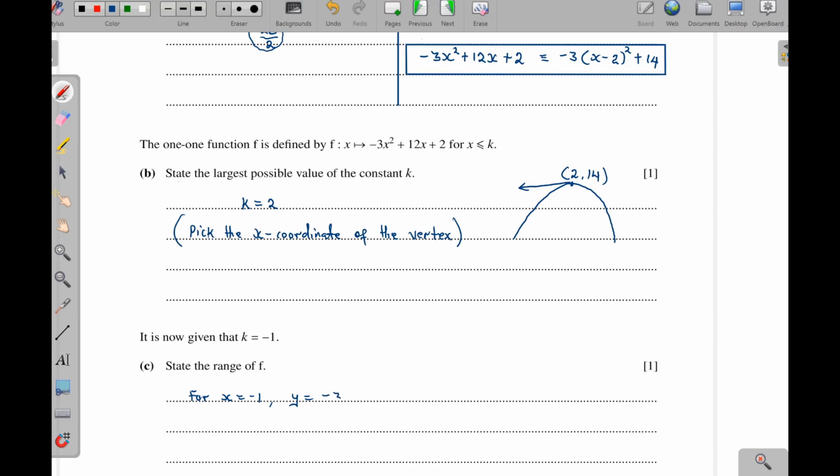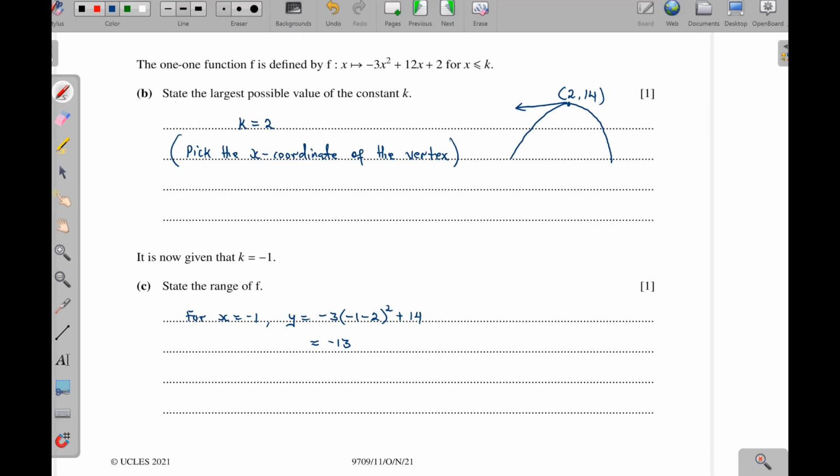So I can say -3, then into -1 minus 2 squared, then plus 14. So this is -3 squared, that will be a 9, not so? So 9 times -3, that will be -27. So -27, then plus 14, what do you get? You get -13, not so? So this one will give us -13.